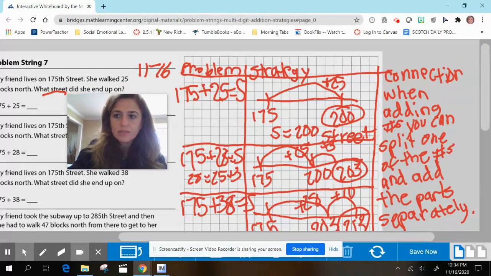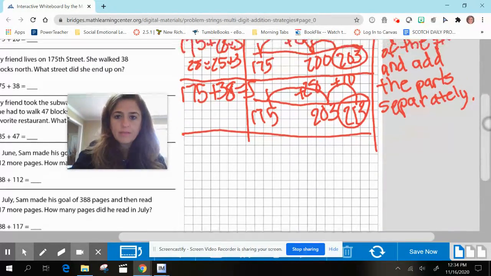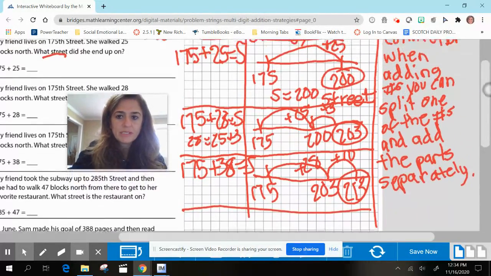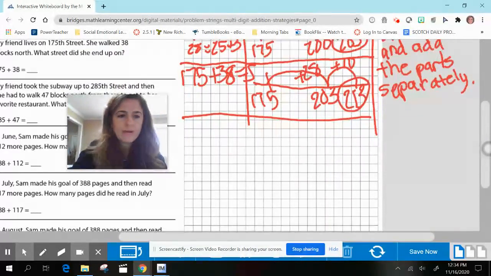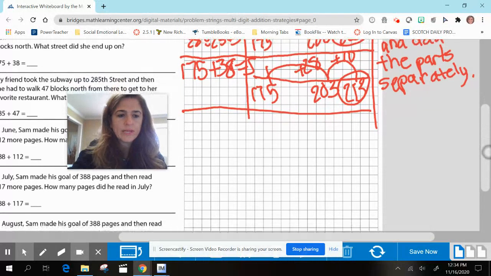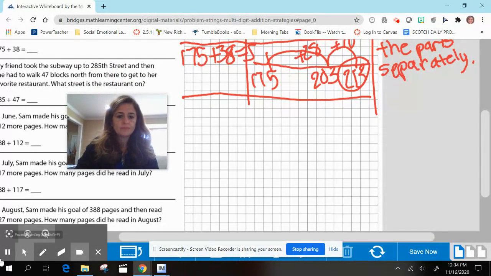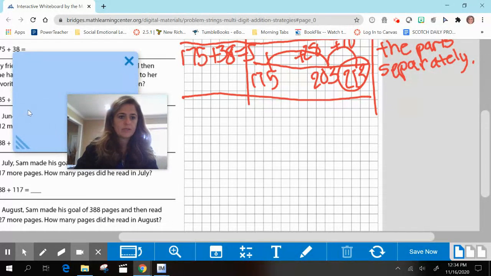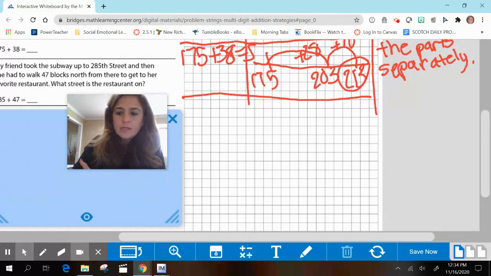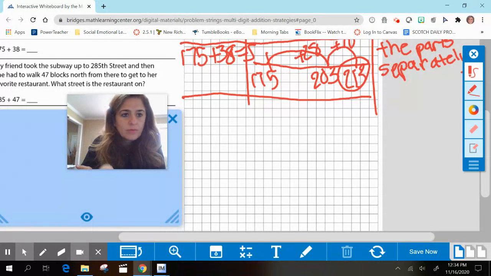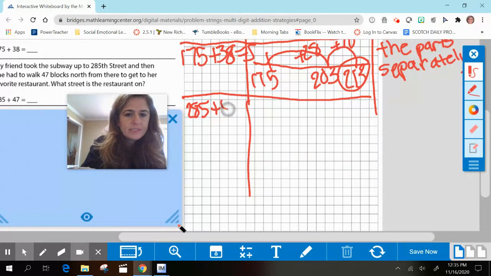Let me move my screen up a little bit. If you need to pause it to finish writing that, you can. All right. So this is problem 285 plus 47.